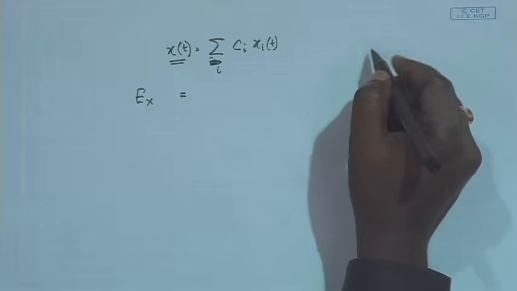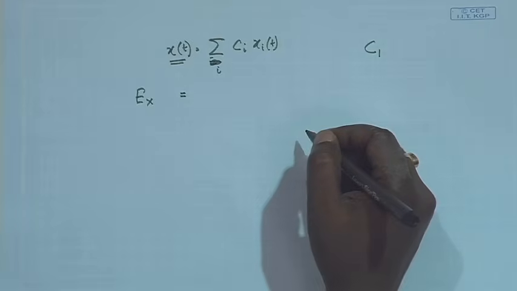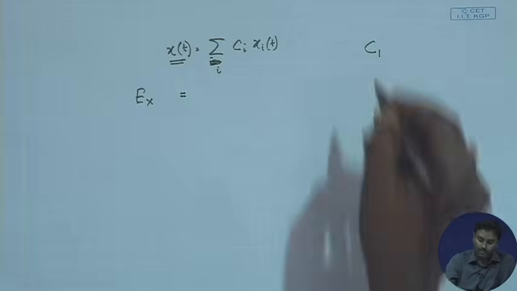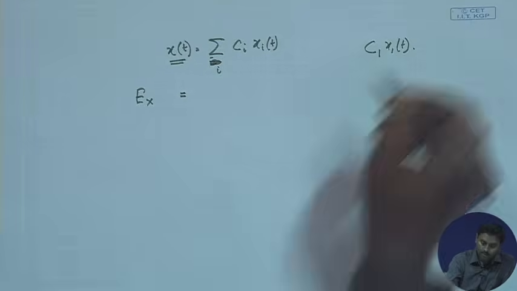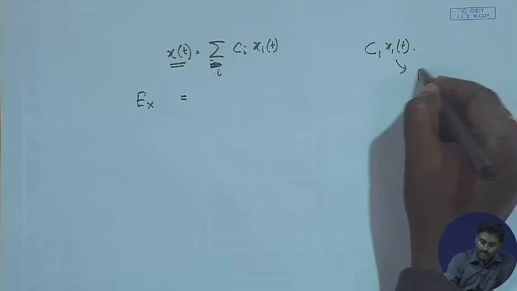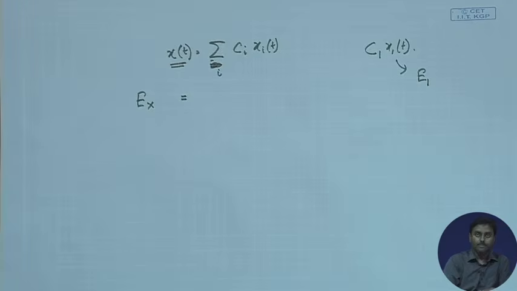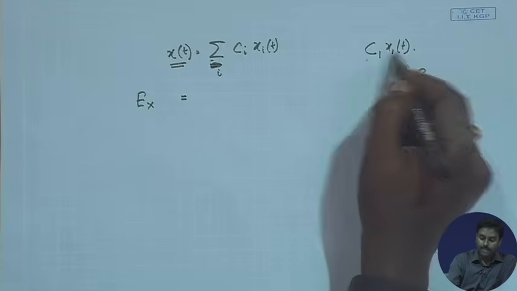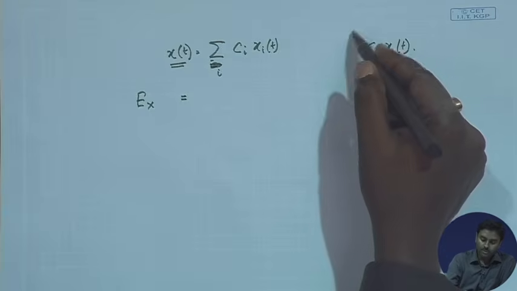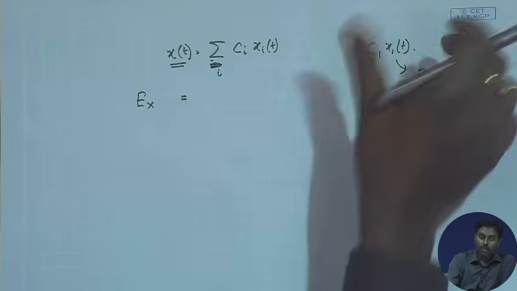The individual constituent, let us say i starts from 1. So, C1 x1(t). What is the energy? If we know that x1(t) has an energy of E1, then C1 x1(t) will have an energy that you get by integrating its modulus squared.